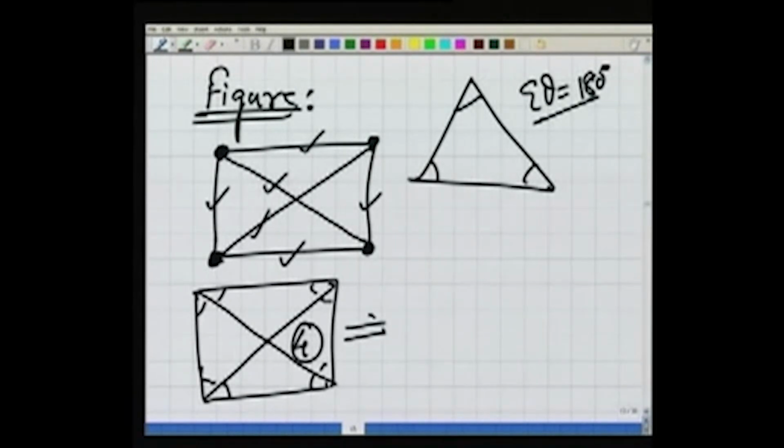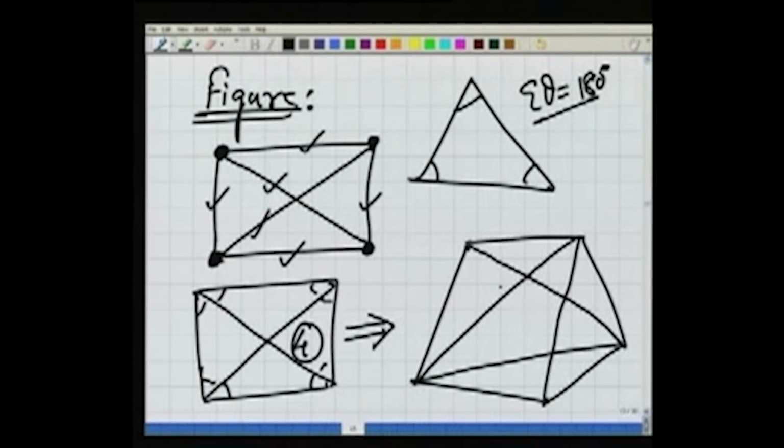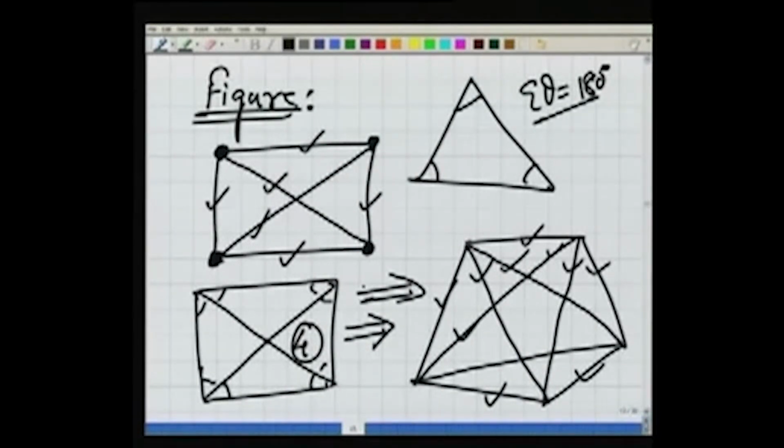If we do trilateration, we will have to make a pentagon, and in this pentagon also we will have to observe all 10 lengths. If you observe all these 10 lengths, you have taken 10 measurements here, then these two will have nearly the same number of internal conditions.